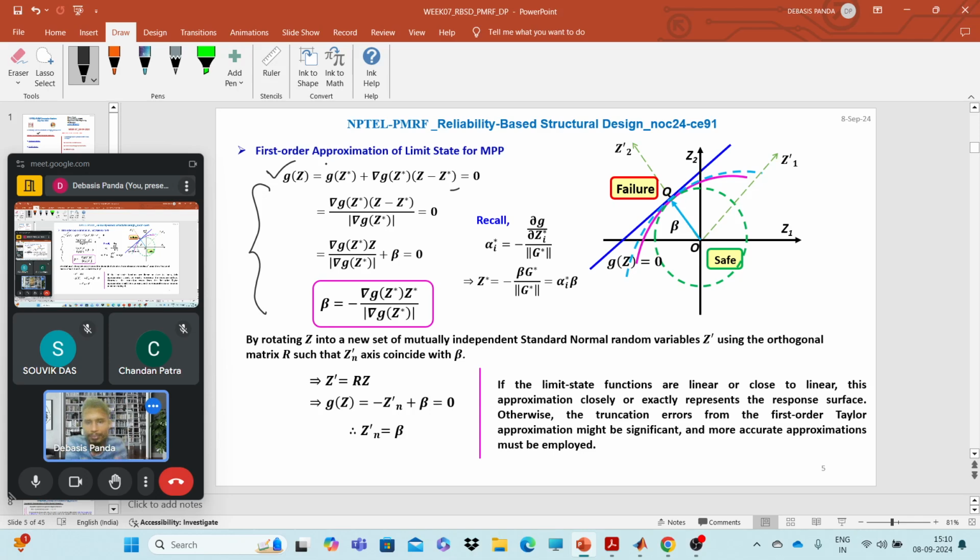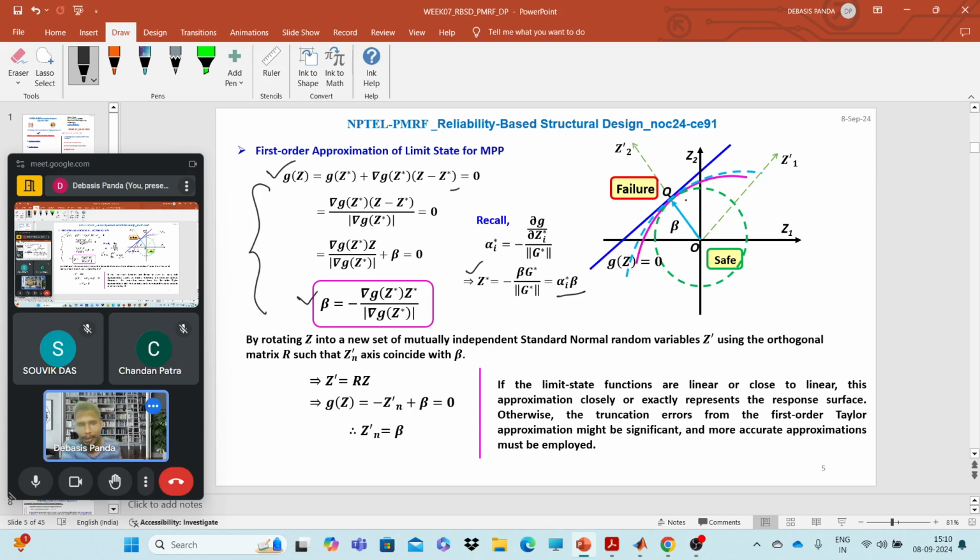Then we did the calculation where we find beta is nothing but minus the gradient of g at z star divided by the Euclidean norm of the gradient of g at z star. Now z stars are nothing but the design points, and for the design points we have seen that, according to the Hasofer-Lind reliability index, these are nothing but alpha times beta. Alphas are the direction cosines, we have already seen it.